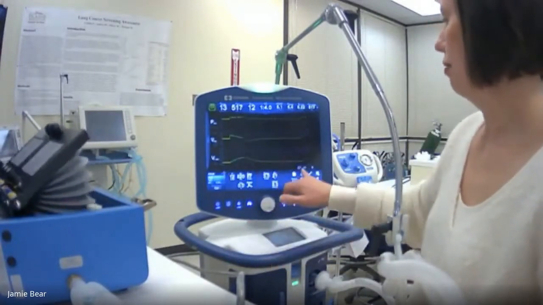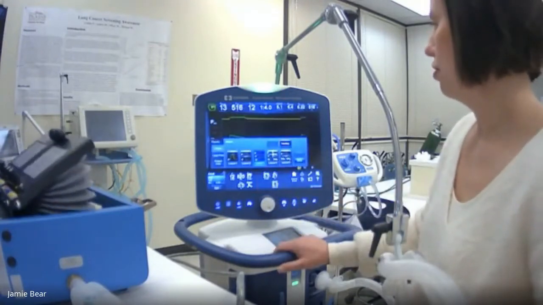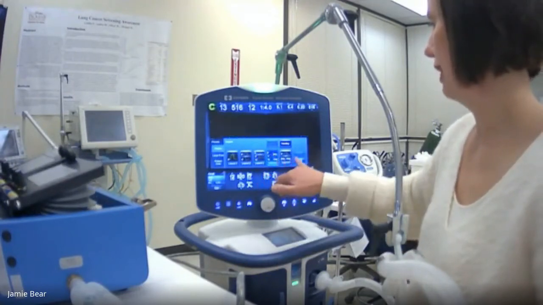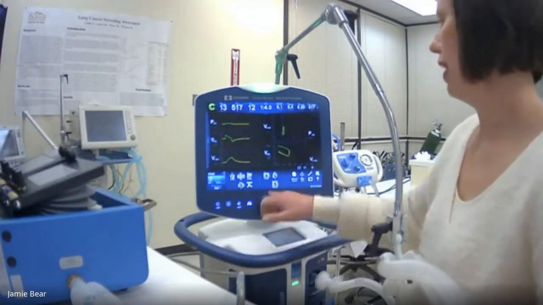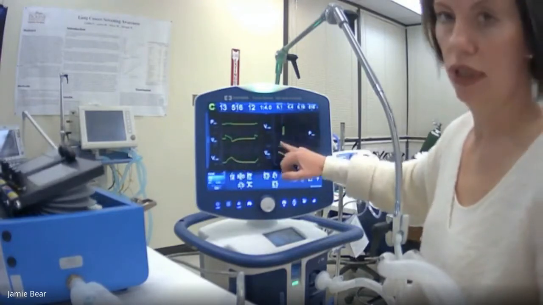Now another thing we can do on this ventilator is look at our loops as well. So here, there's a variety of things. We can have all 5, so let's choose layout 4. Okay, so now in addition to our 3 scalars, we have our 2 loops.